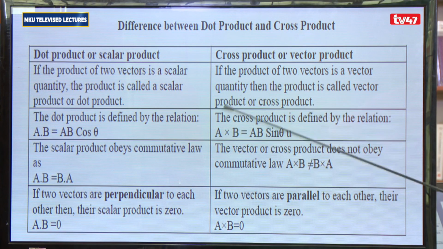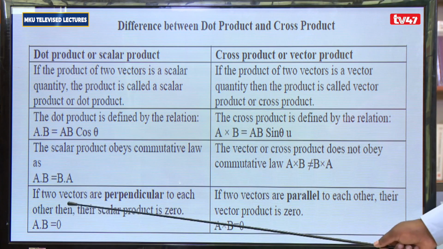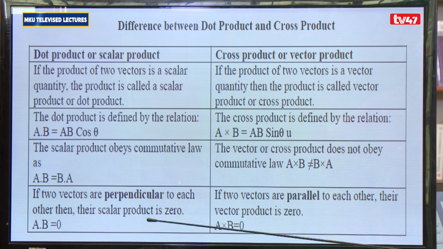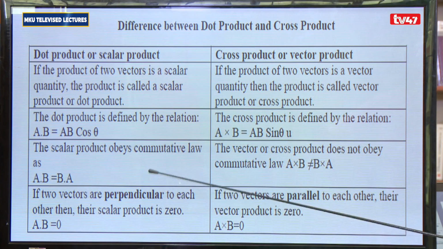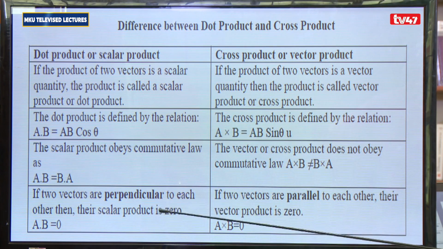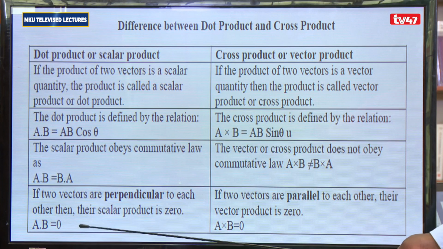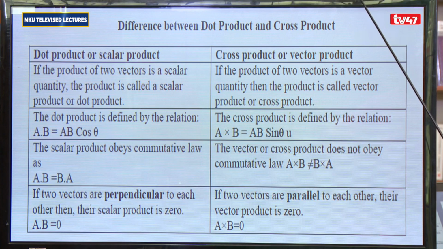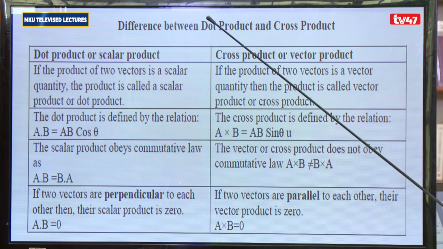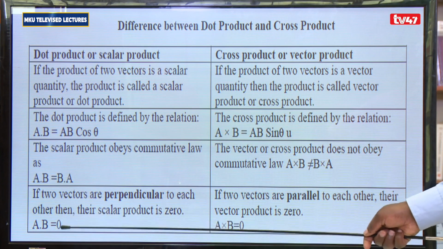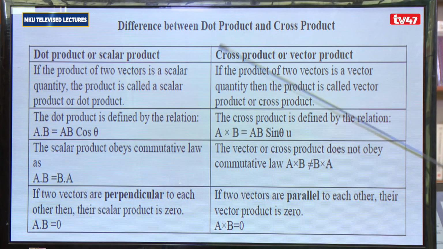Lastly, we have also seen that in the dot product, when two vectors are perpendicular to each other, like i dot j, which are at right angles, the cosine of 90 is 0, and therefore the answer is 0.